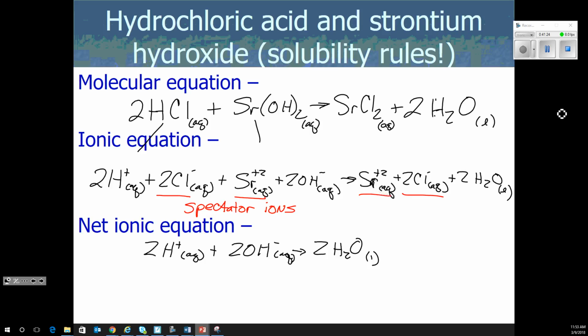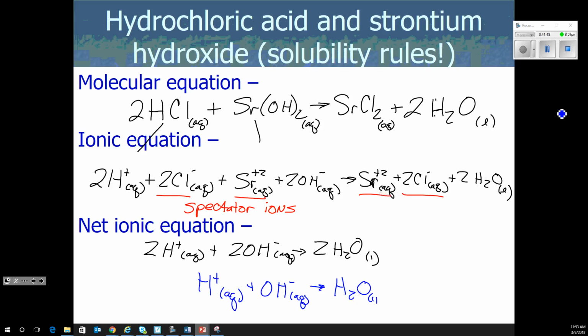Yeah, we don't need the 2's because they'll all cancel out. It's like a math equation. If they're all the same on both sides, we get rid of them. So our final net ionic equation is just H plus AQ plus OH minus AQ yields H2O as a liquid. Everybody okay?